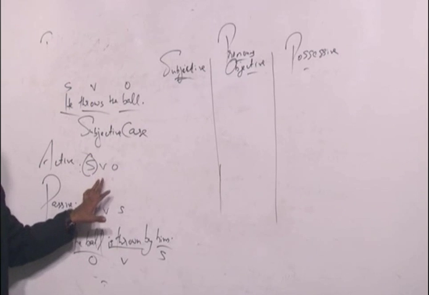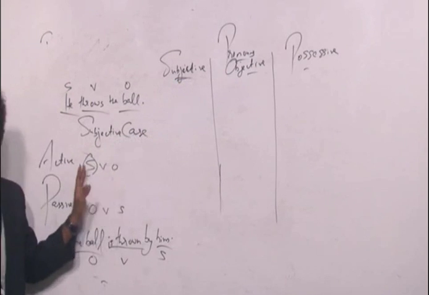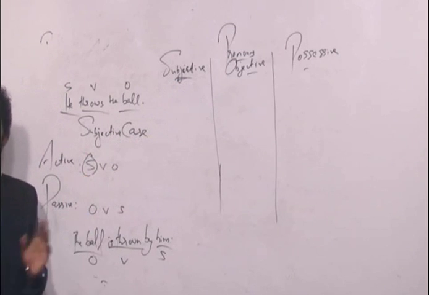A sentence in the active voice is termed as a sentence in the subjective case. That means the subject comes at the beginning of the sentence. You know, active voice, subject comes at the beginning.